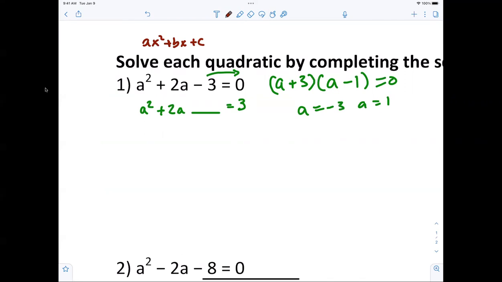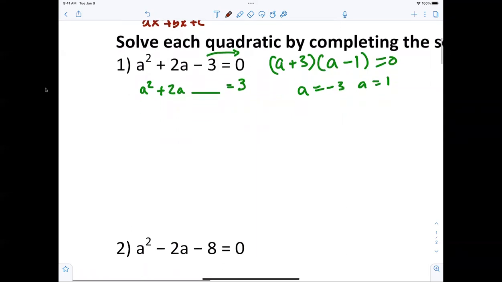Is everybody with me? To complete the square, you can write b divided by 2, squared. That's how you complete the square. So in this problem, what is b? 2. Why is b 2? It's the number in front of the x term, or in this case, a.